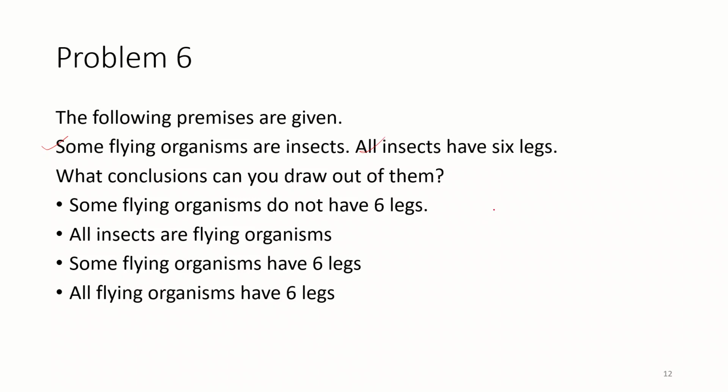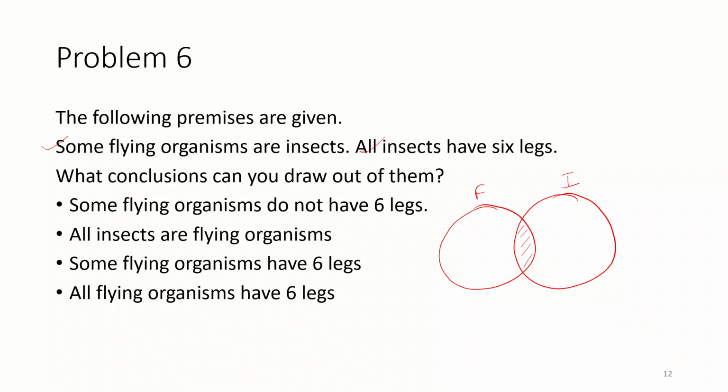Okay, let's see it like we have two things: flying organisms and insects. Some flying organisms are insects. So these are insects, essentially the some flying organisms that are insects.